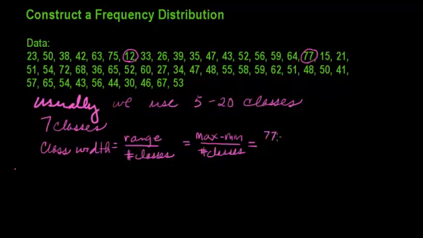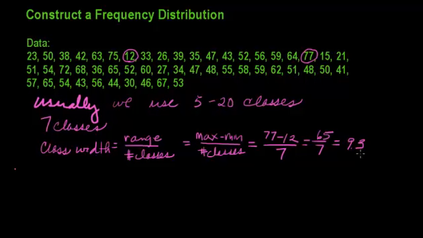So our maximum value is 77, our minimum value is 12, and we divide that by our 7, which was the number of classes. So 77 minus 12, that's 65, divided by 7, and that comes out to be 9.3. This is telling us that we need a class width of 9.3.